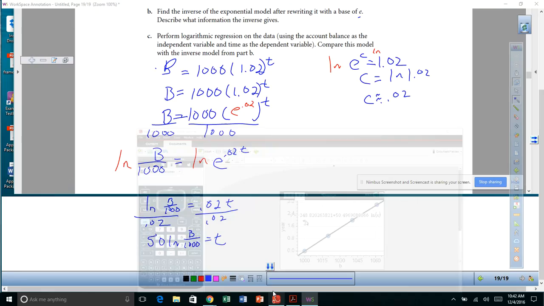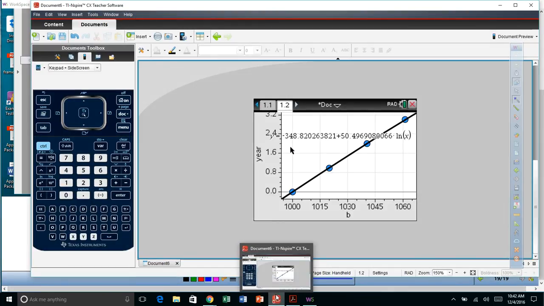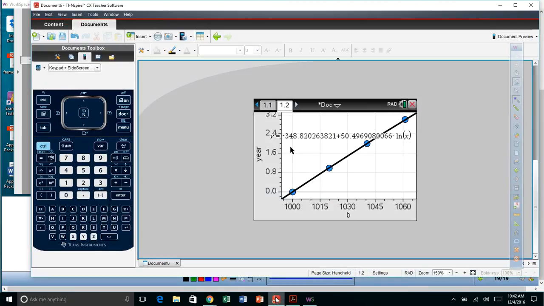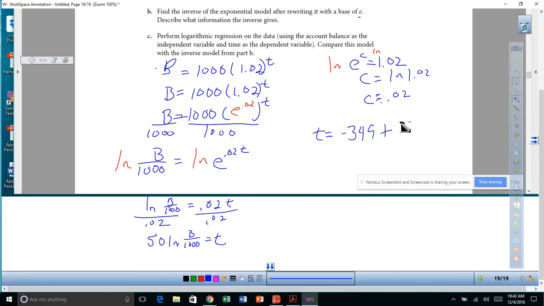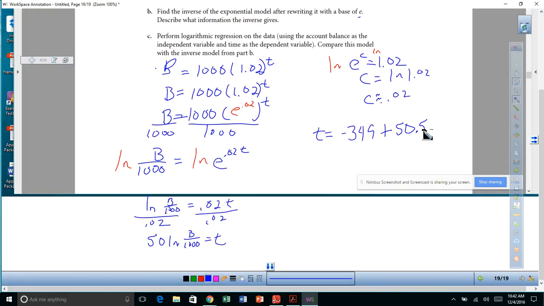So the calculator gives us t equals negative 348.82. So we'll just say negative 349, and then it says plus 50.49, so we'll say 50.5 natural log of x.